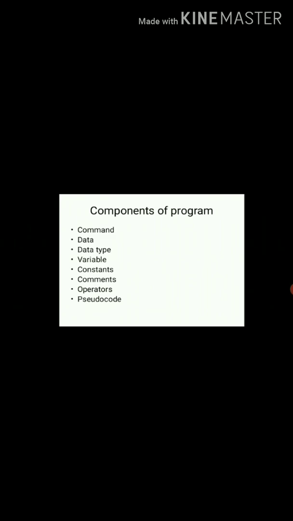Character constant means A to Z, any alphabet or symbol. String constant means any string value, like your name, father name, mother name, school name. Any word is treated as a string.